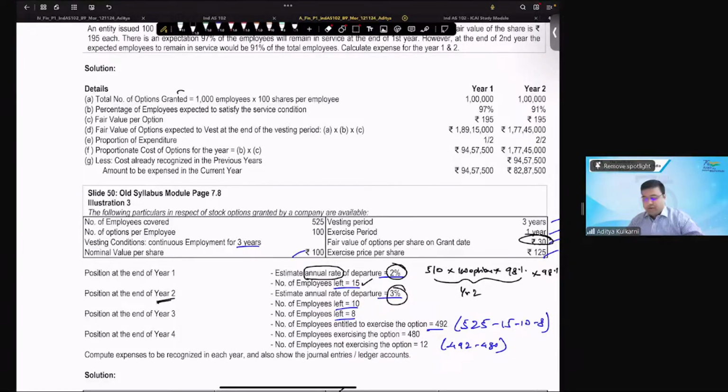Second year, 510 minus 10, 500. So we are not going to do any estimate. Rather, we will take the total employees, divide the expense for the remaining period and deduct what was recognized earlier. That's what you are saying, right? We will ignore the estimation part.